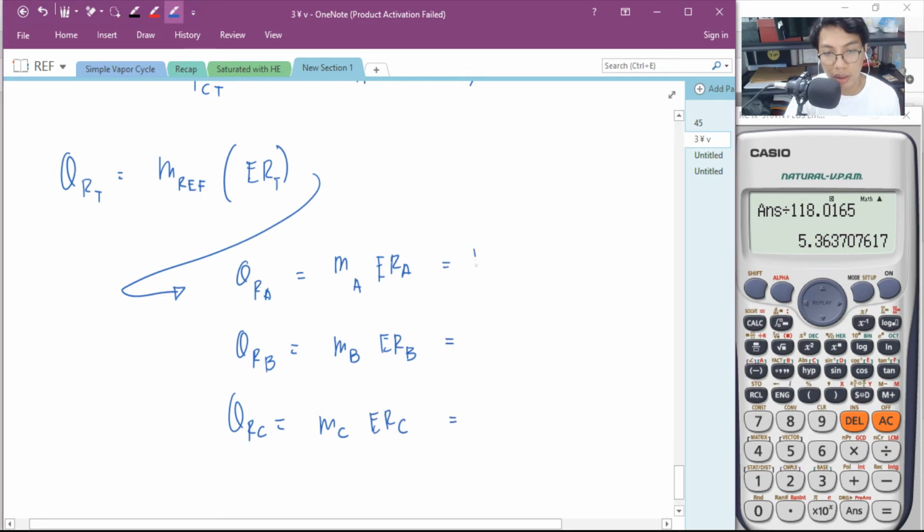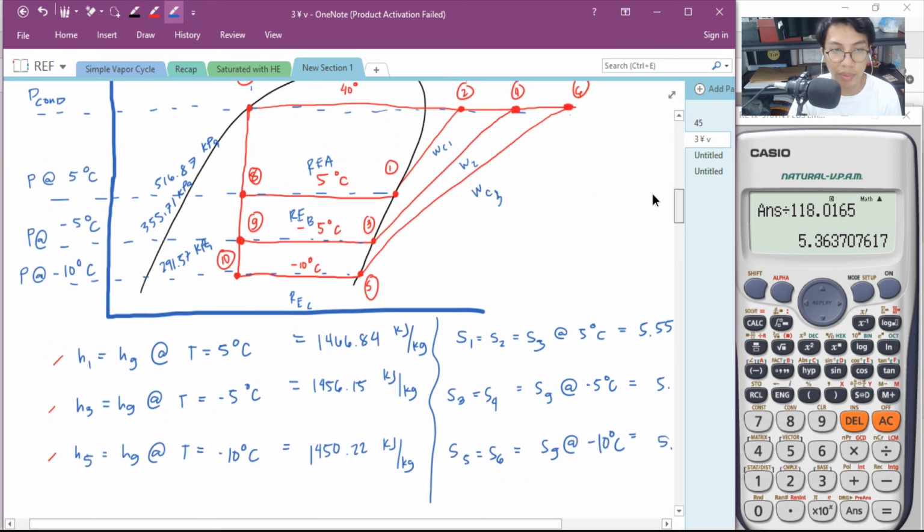Equal. MA, yung ERA is H2 minus H7. MB, H2 minus, H2 tuloy, H4 minus H7. ERC, that is MC, H6 minus H7. Saan mo nakikita yan sa graph?